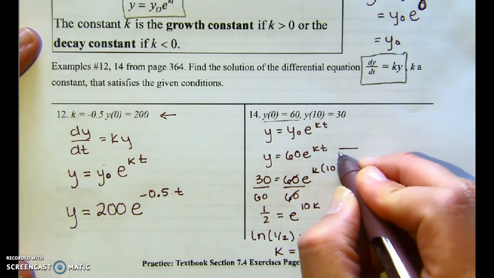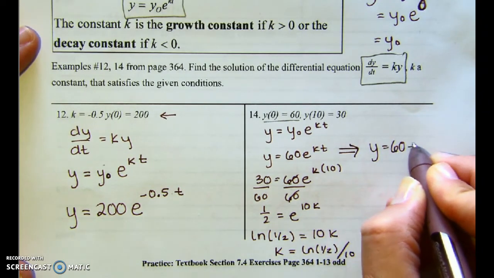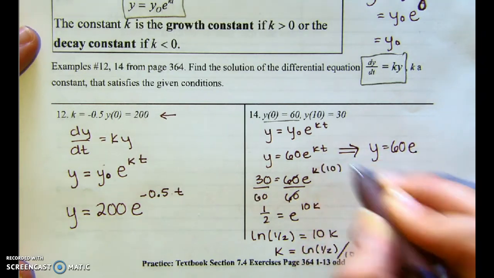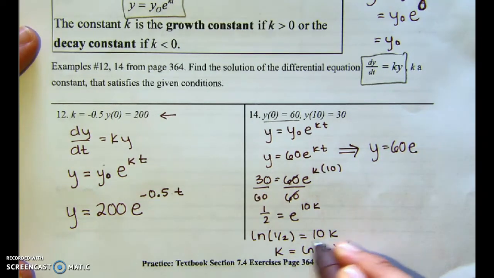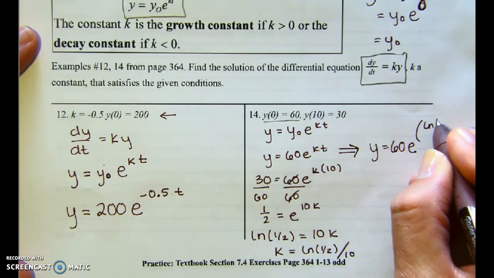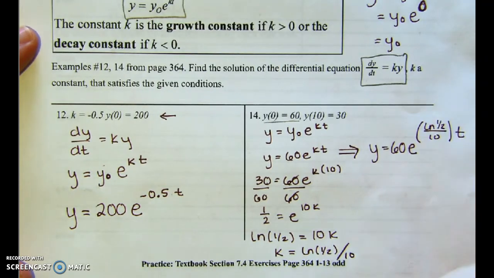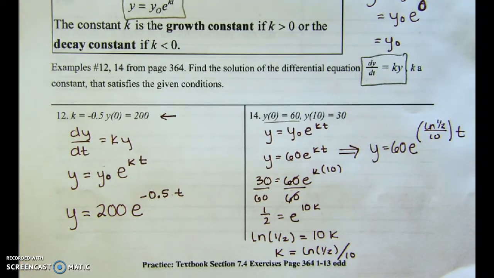So here our answer is y equals 60 e to the kt. So our k is this wonderful thing here, the natural log of 1/2 over 10, and then t is like that.